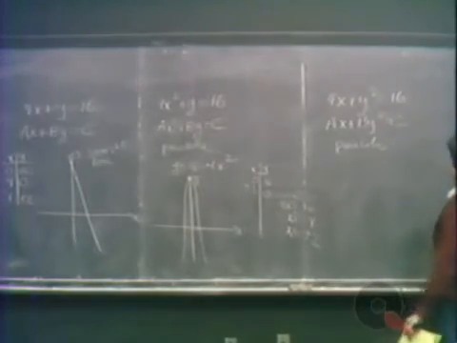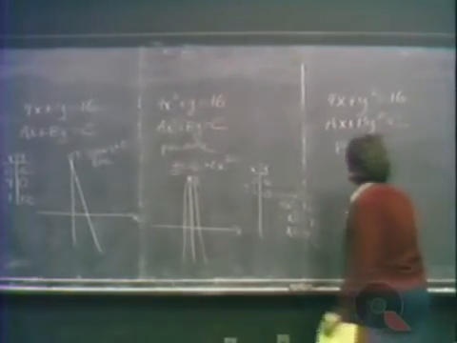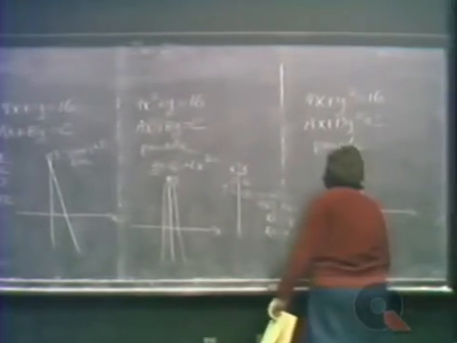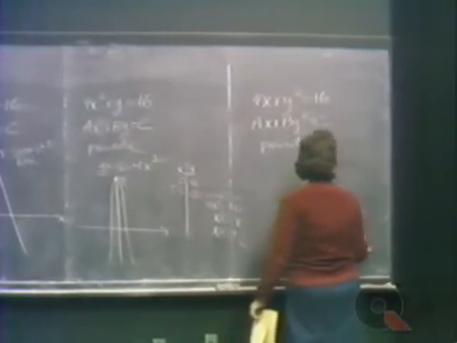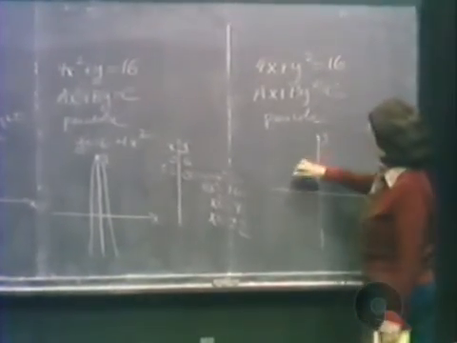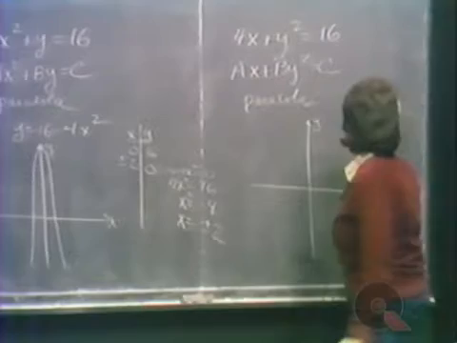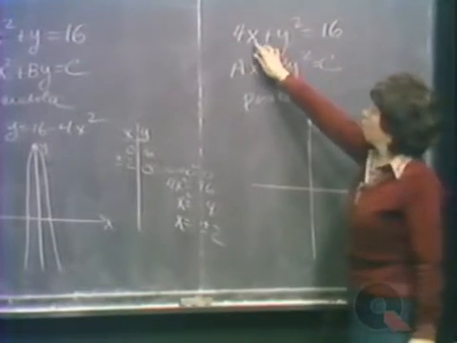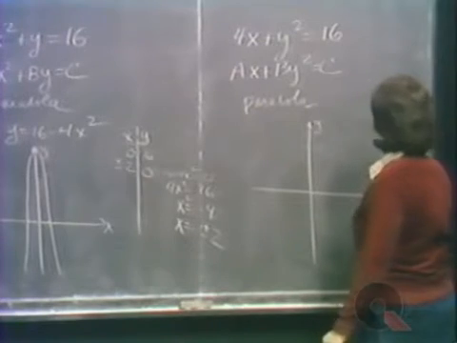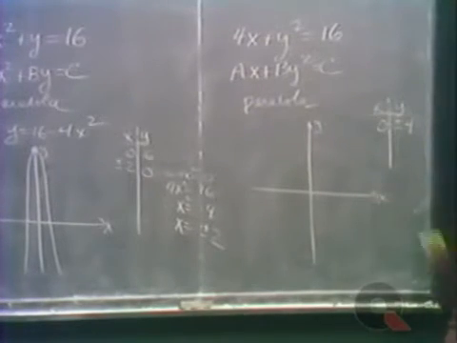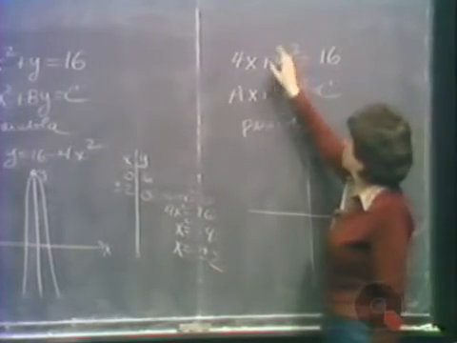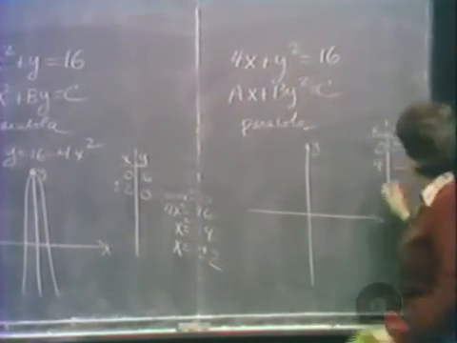Okay, and once again, intercepts are going to tell us what's going on here. Here, when x is equal to 0, y squared equals 16, so y is equal to plus or minus 4. And when y is equal to 0, 4x is equal to 16, x is equal to 4.